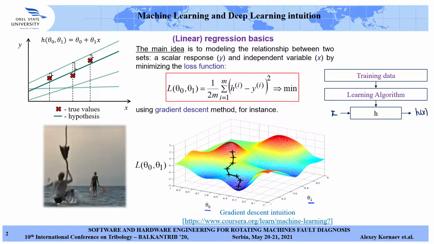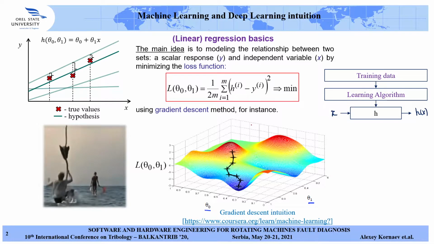In linear regression, the main idea is to model the relationship between two sets, an X set, an input set, and a Y set, an output set. This can be achieved by minimizing the loss function that highlights the difference between predictions and true values.